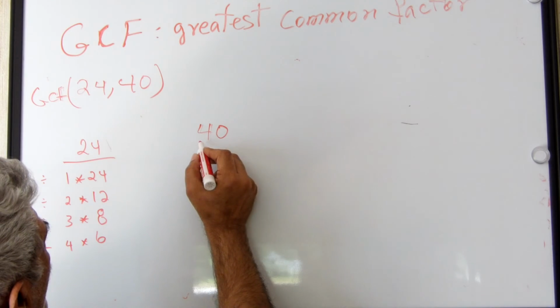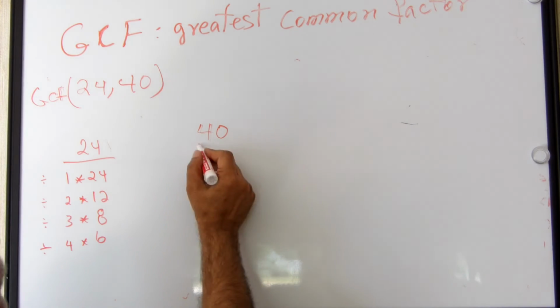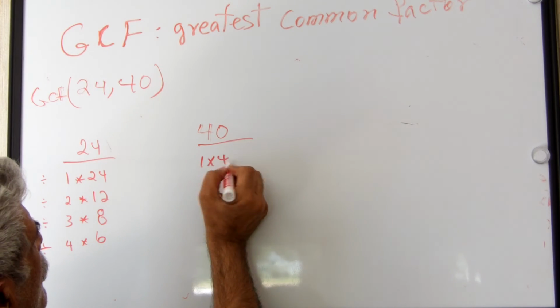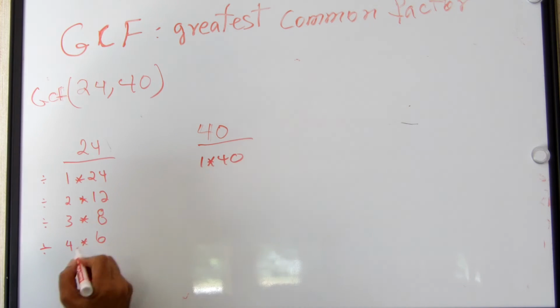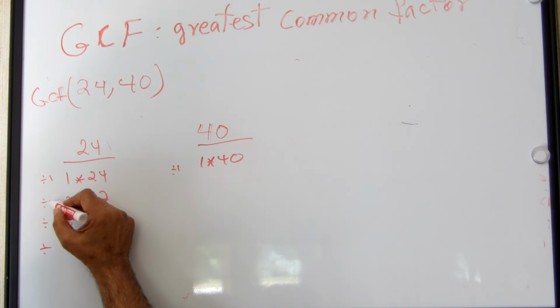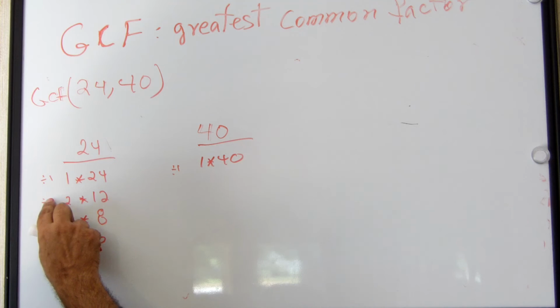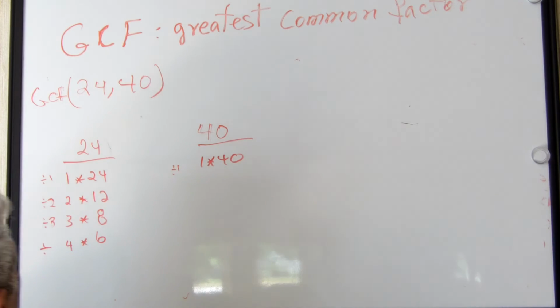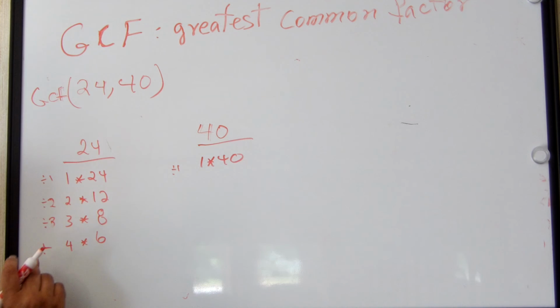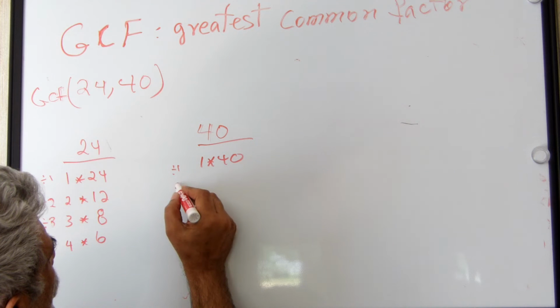And then you write 40. You find the factors. 1 times 40. These are all multiplication. Divided by 1 is going to be 40.